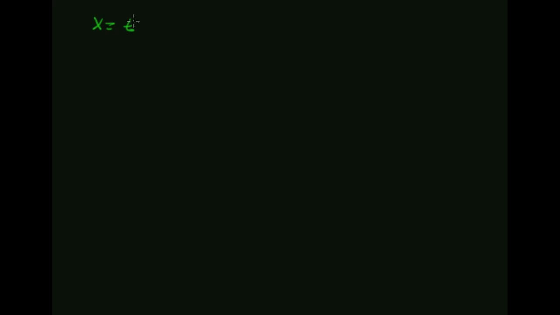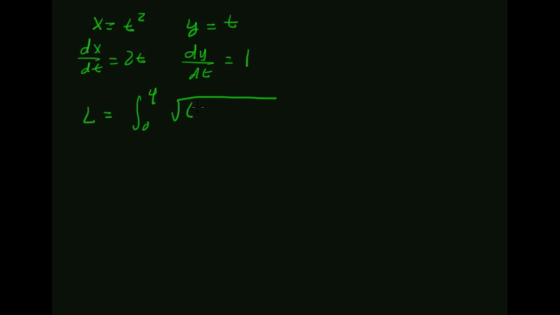X is equal to t squared. Y is equal to t. So we need the two derivatives. dx dt is 2t. dy dt is equal to 1. So the arc length for parametrics is still over the interval from 0 to 4, square root, but then we take the two derivatives, 2t squared and 1 squared dt.